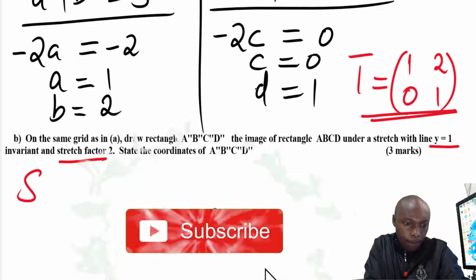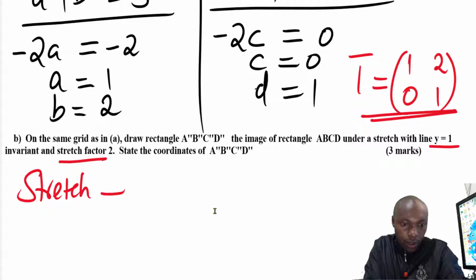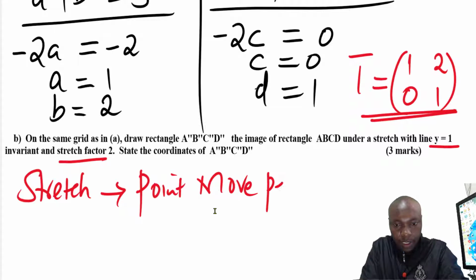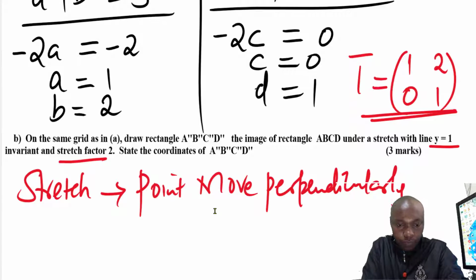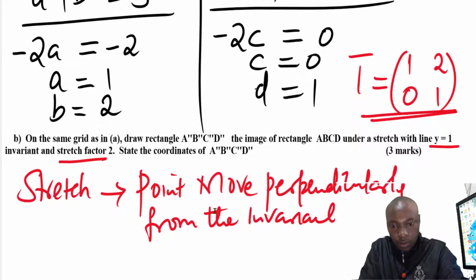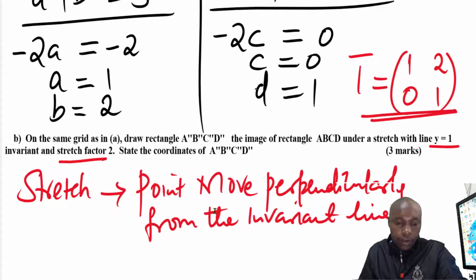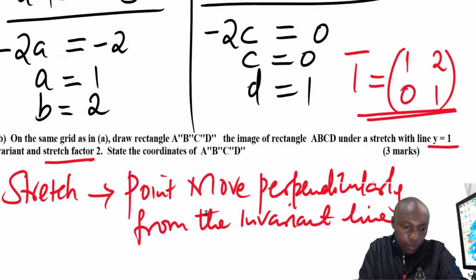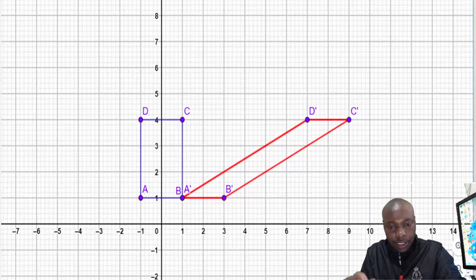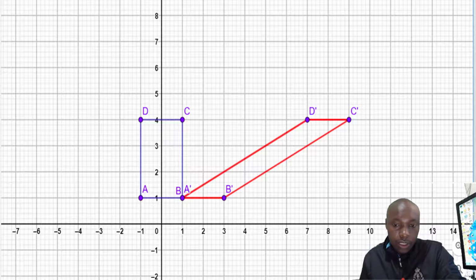In a stretch, points move perpendicularly from the invariant line, and that is why for the first part of the question, the one that we've just done for shear, we didn't describe this transformation as a stretch, because you can see the points are not moving perpendicularly from the invariant line.